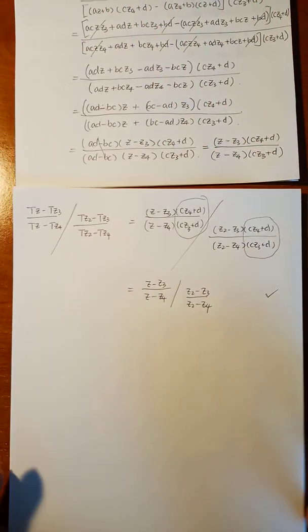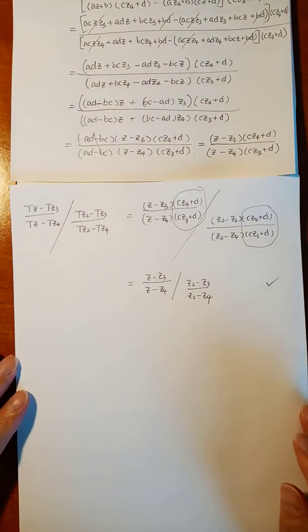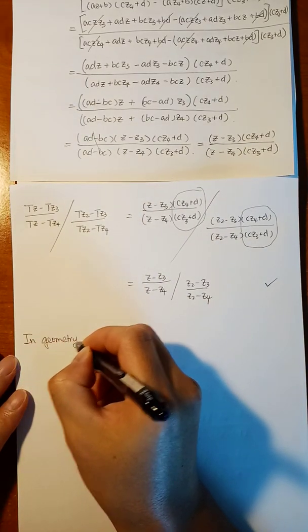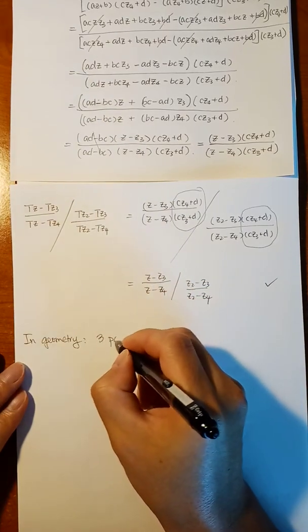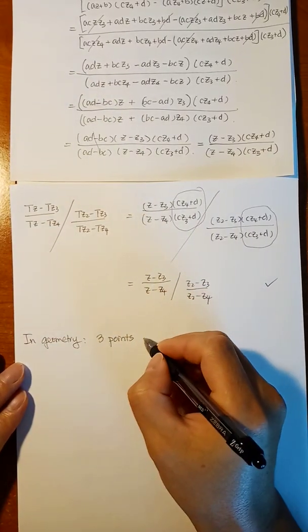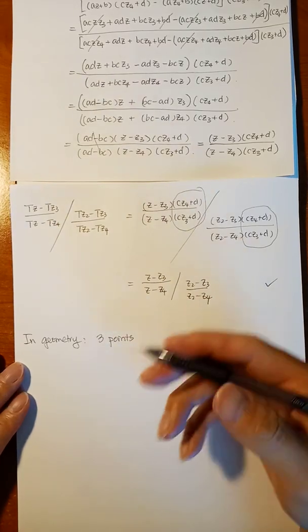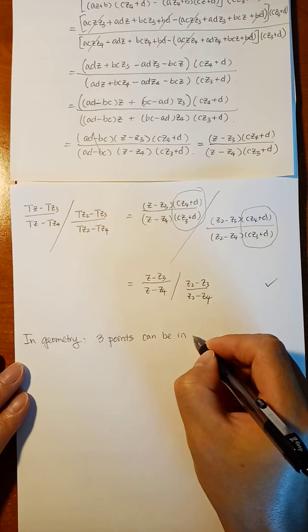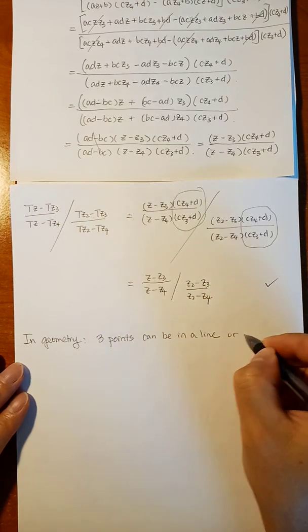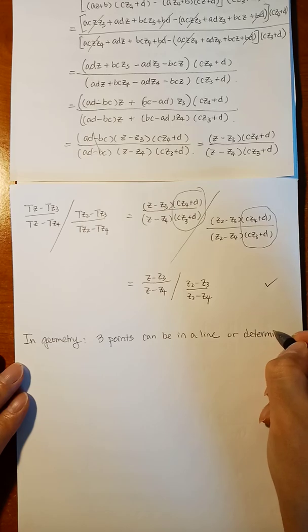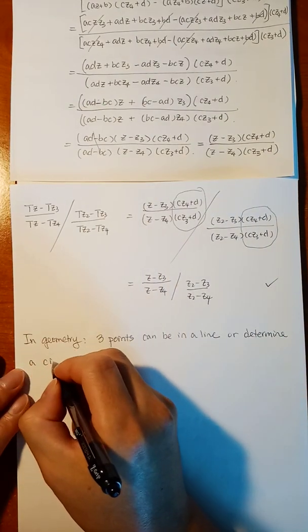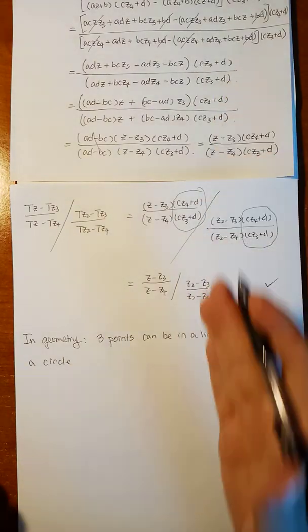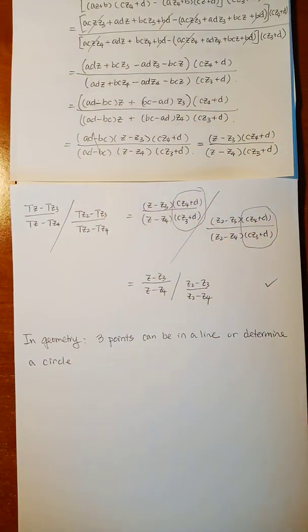In geometry, three points have two possibilities: they can be in a line, or collinear, or determine a circle.